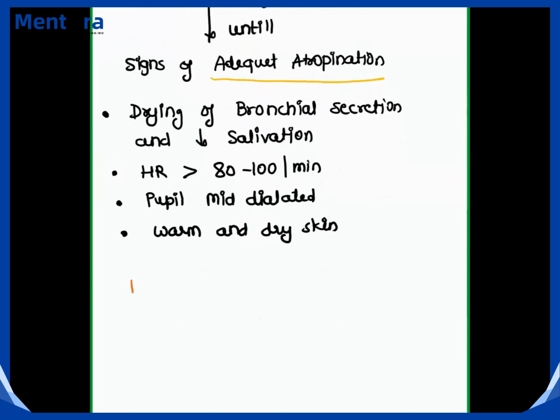Second antidote is enzymes. Example is pralidoxime and obidoxime.